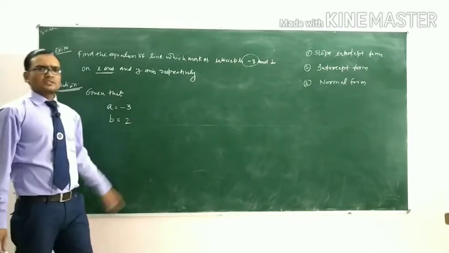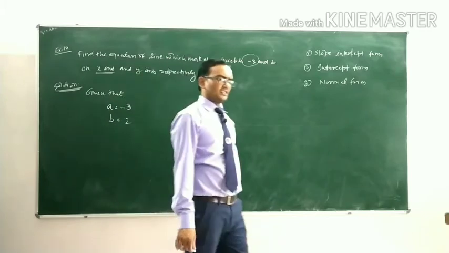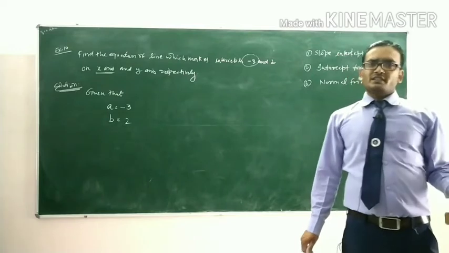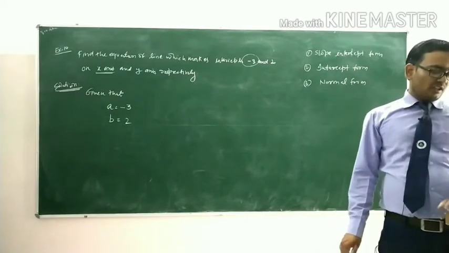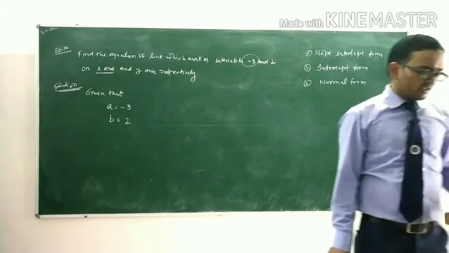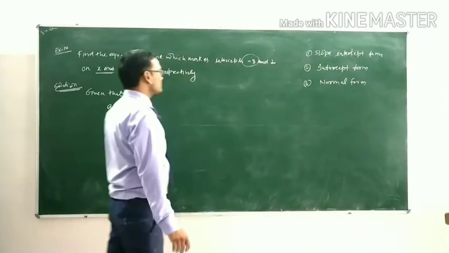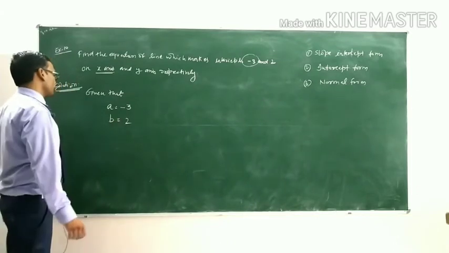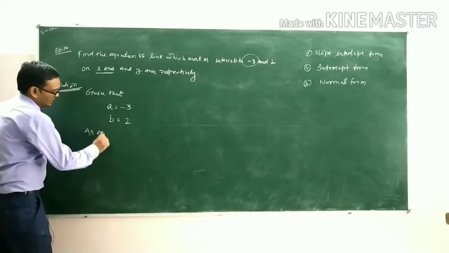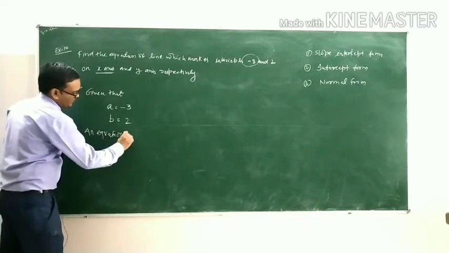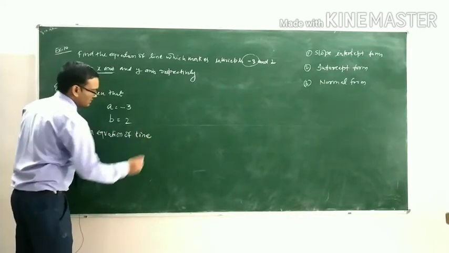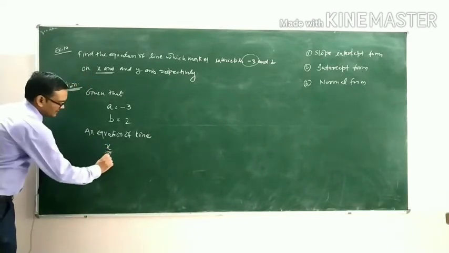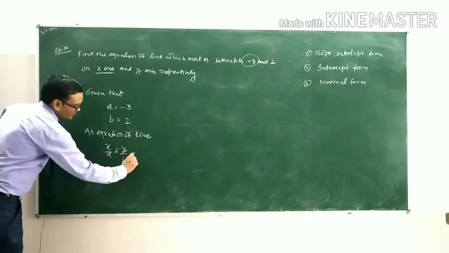In this question, given that the line makes x intercept minus 3 and y intercept 2, that means a equal to minus 3 and b equal to 2, then find the equation of the line. Okay students, we know that the equation of the line is x upon a plus y upon b equal to 1.